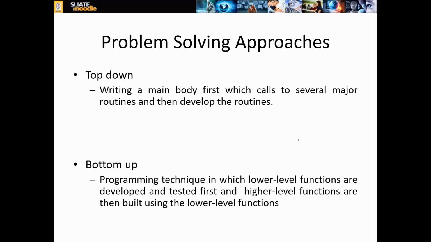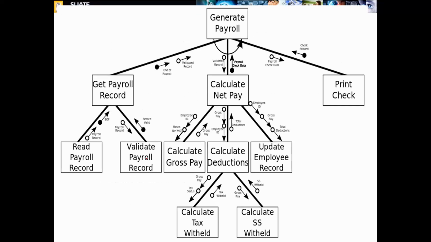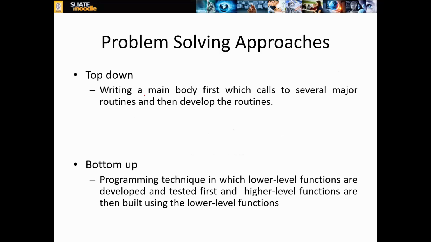Okay, so based on the way we are going to solve this, we can think of two problem solving approaches: top-down approach or bottom-up approach. As I already told you, you can control the flow of data and how the operation should be done with the help of the controller, right? All the modules will be controlled from one place, which can be referred to as the main body, right? The main controller will act as the main body, so it will control all the other modules, right?